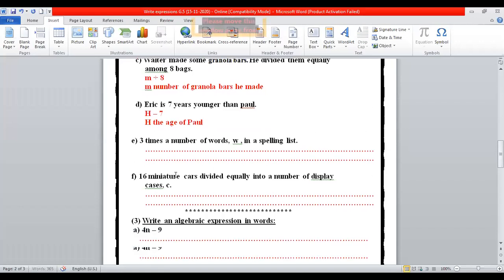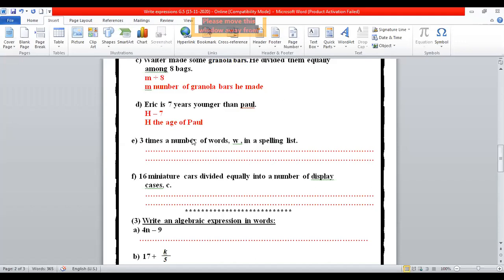Okay, the next one. 3 times a number of words W in a spelling list. What's the meaning of times? Plus, minus, multiply, divide? Multiply.